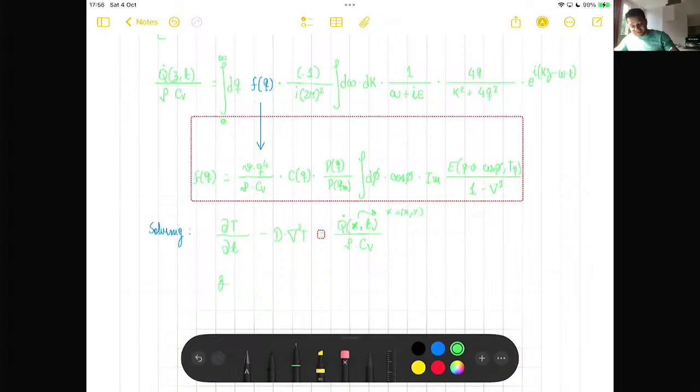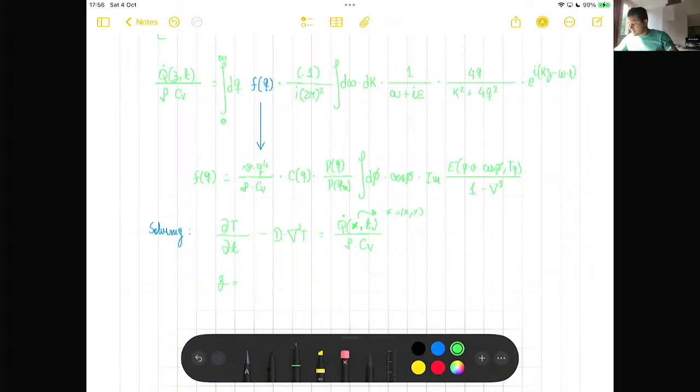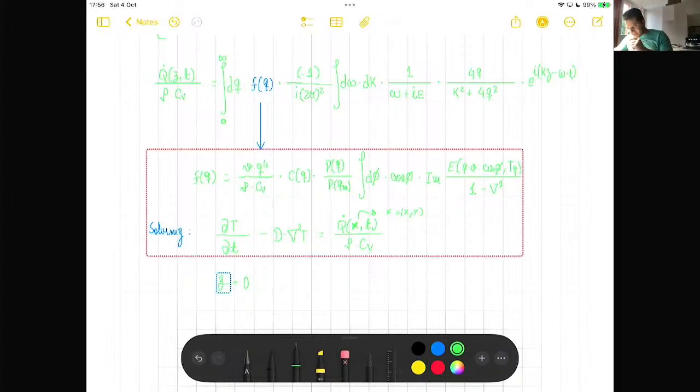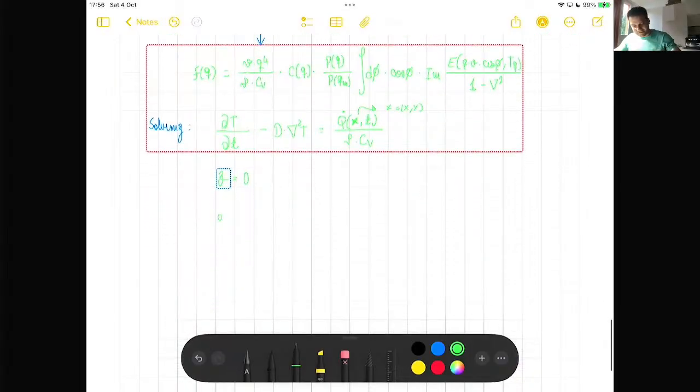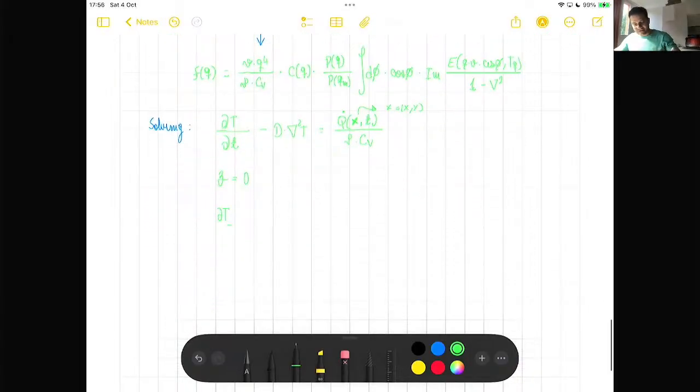To solve this equation, a boundary condition is necessary. So we say that z on the surface is 0, and we assume that the partial derivative of the temperature in the vertical direction is equal to 0 when z is 0.